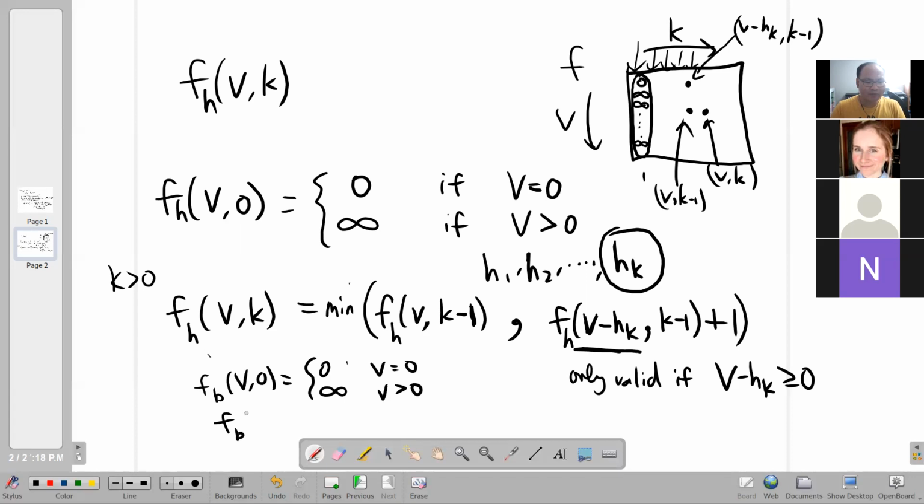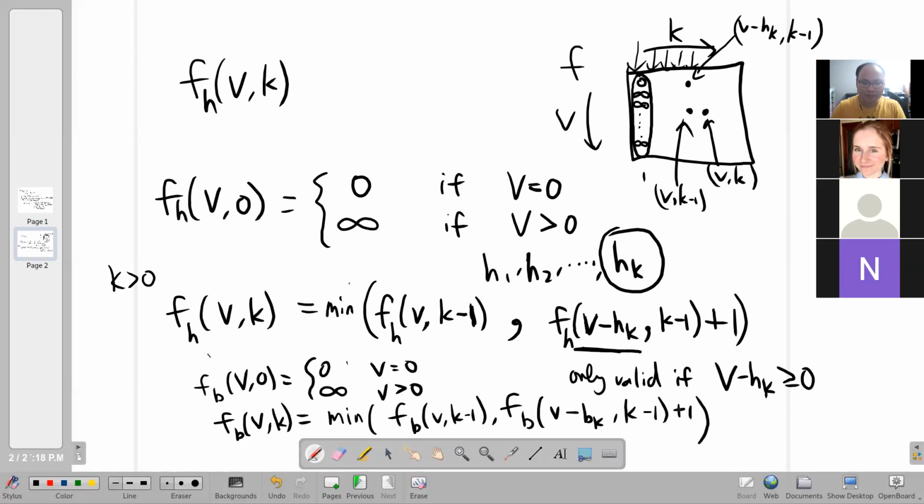And then F for buns, again, is exactly the same definition: the number of packages you need to buy V buns with the first K packages, and the formula is exactly the same. Like this. And again, it's only valid if V minus B_K is greater than or equal to 0. Okay, so basically we're doing this coin changing or knapsack problem twice. One for buns and one for hot dogs.